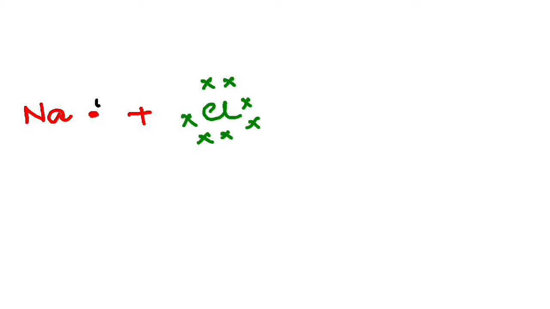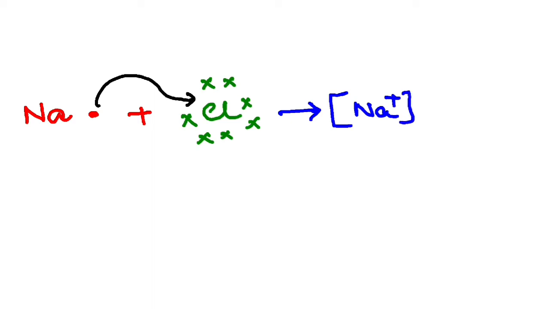This electron from Na will go here, right? And finally what we have, the Na will become Na plus, right? And Cl will become Cl minus with 7 electrons on its own and 1 electron borrowed from sodium. Isn't it? That's the final situation.